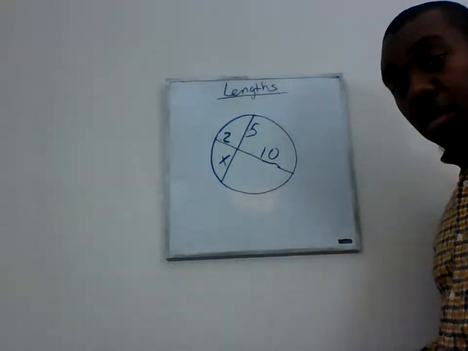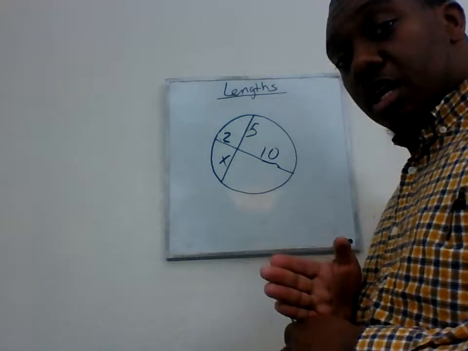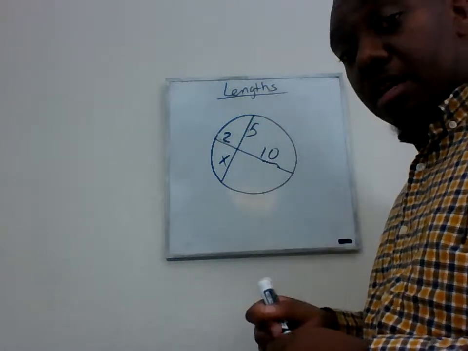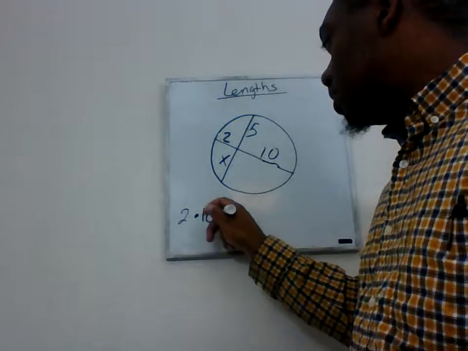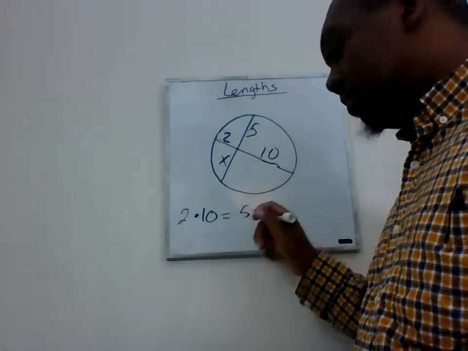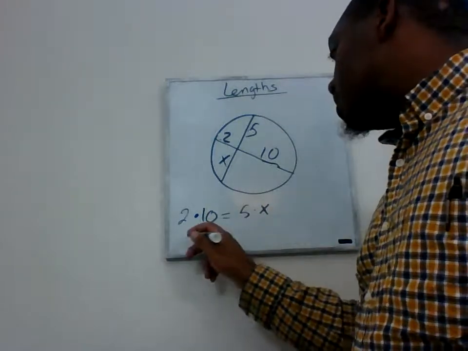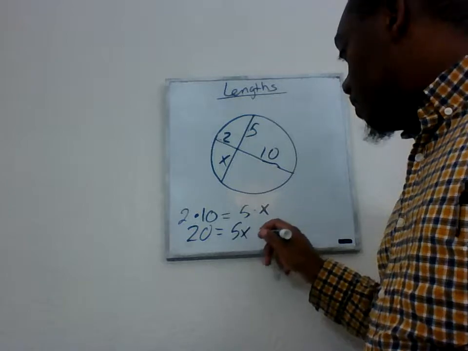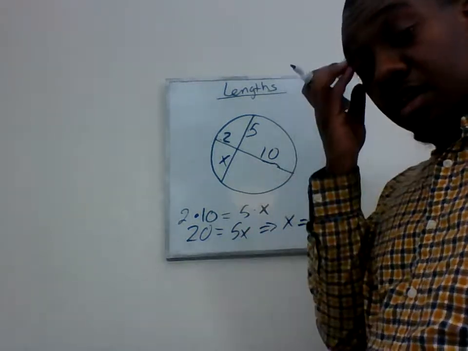Well, according to what we just talked about, for the intersection of two chords, the products of the segments that are formed have to be equal. So 2 times 10 has to equal 5 times x. And so we end up getting 20 equals 5x. And then therefore, we see that x would have to equal 4, right?